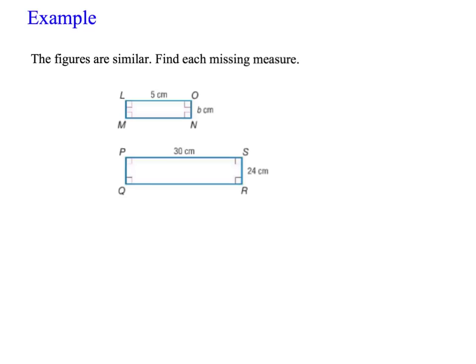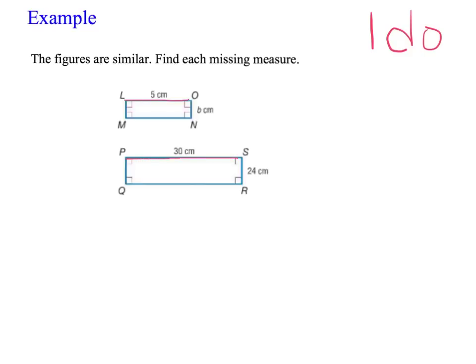Okay, I'll do this one. Alright, so we have set up here, these are rectangles, so they're not as tricky as triangles can be, because this long side is going to be corresponding with this long side here.